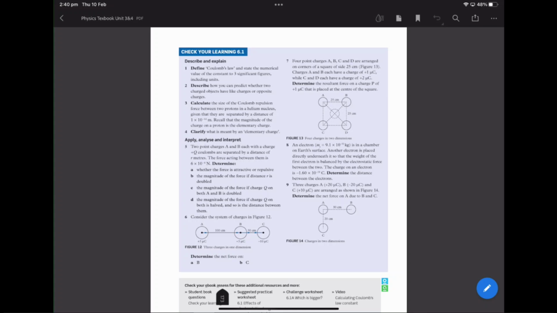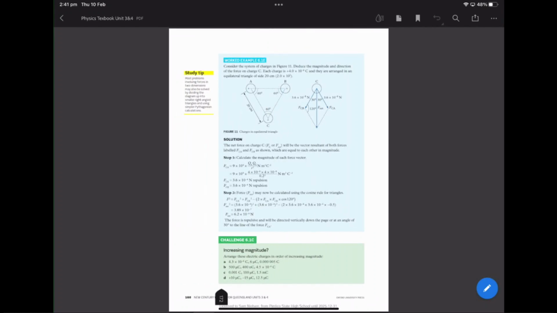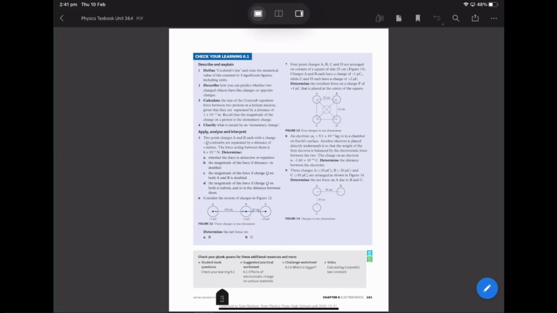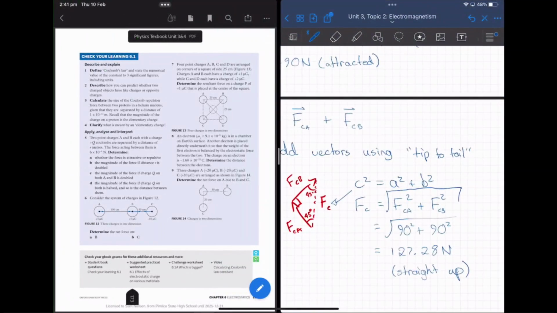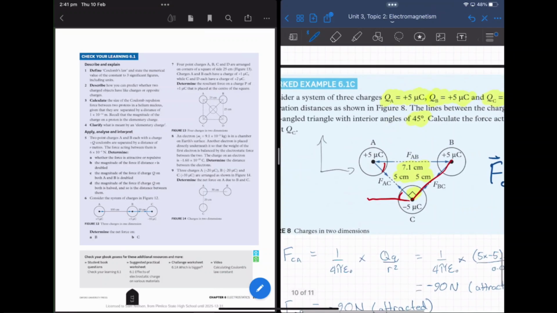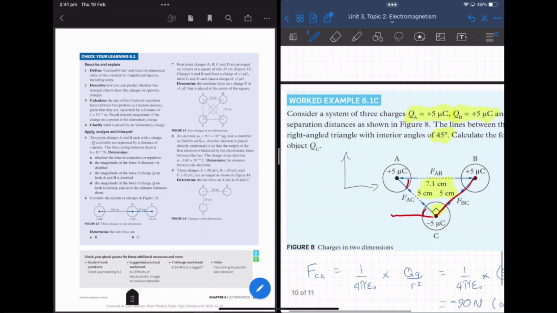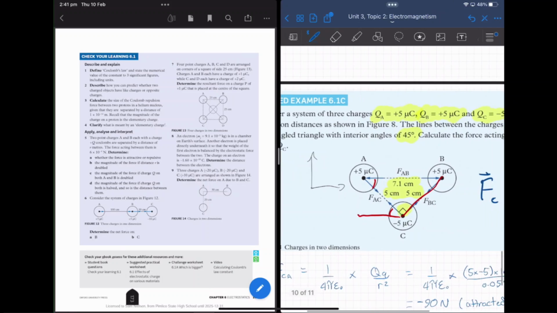FAD? Oh, FAB. We did FAB. No, sorry. Oh, did we? Did I write in the question to do both? Calculate the force acting on charged objects QC. So it just wanted the force acting on QC.